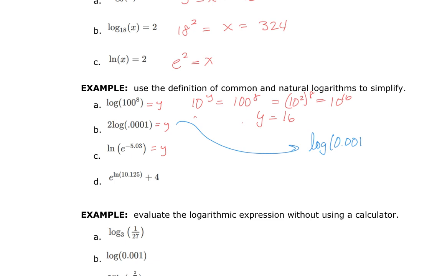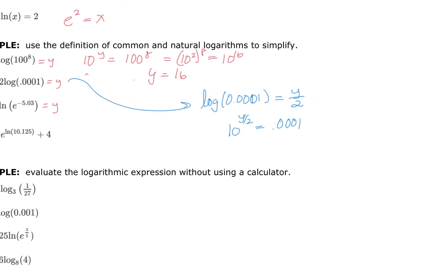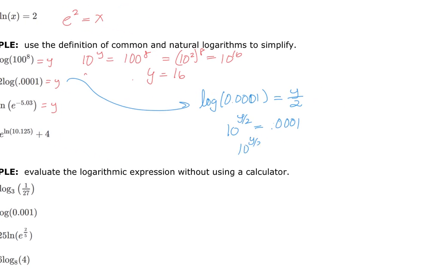I think I have another 0, right? One more 0 is equal to y divided by 2. So 10 to the y divided by 2 is equal to 0.00001.